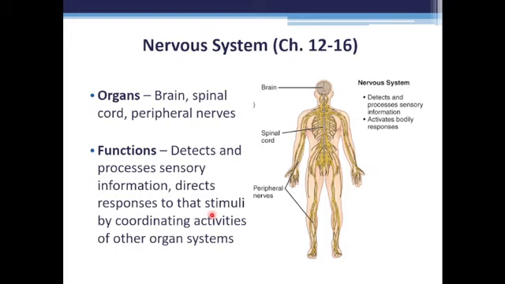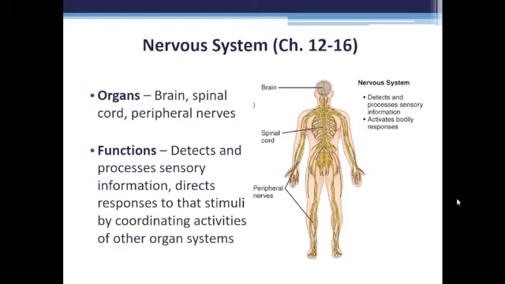That's the function of the nervous system. When you feel it, we have these nerves. For example, if I tap you on these nerves, it will send a very quick transfer of signal to the brain, here. So it also coordinates activities of the other organ systems.